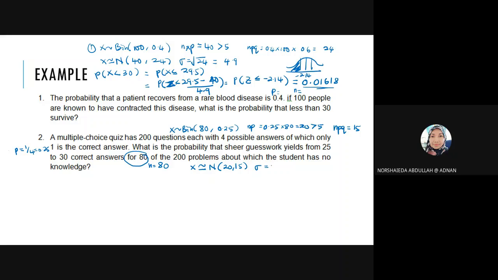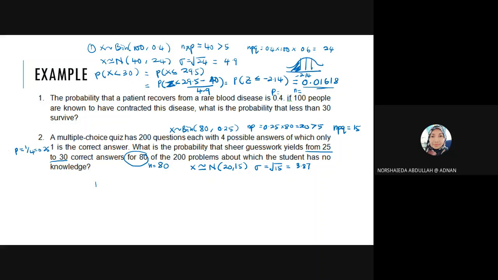So standard deviation, the square root of variance, equals 3.87.